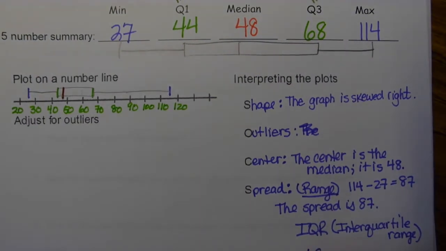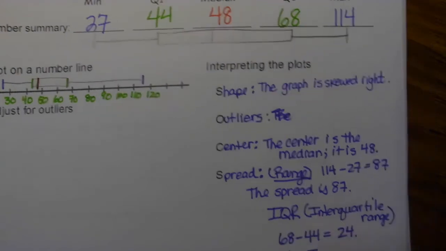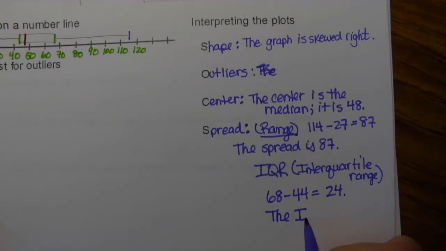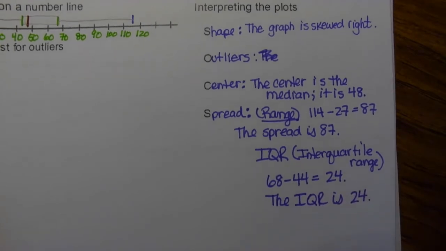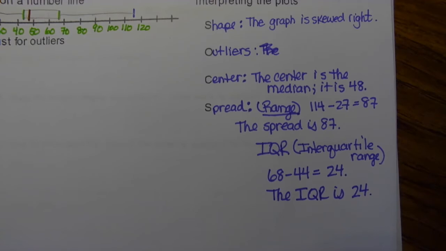So 68 minus 44 equals 24. So we could say the IQR is 24. And it's okay to use the IQR as an abbreviation. You won't see me write out interquartile range.